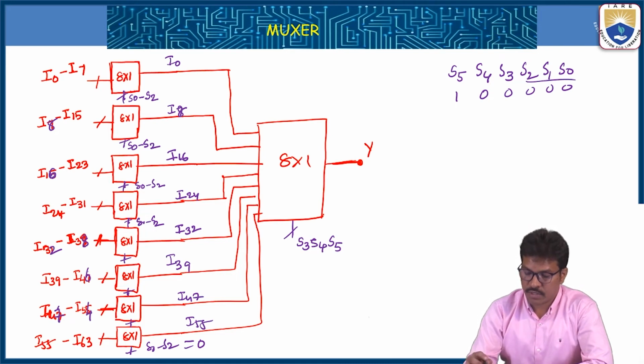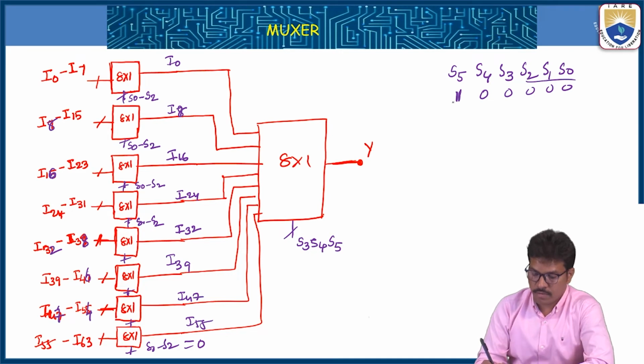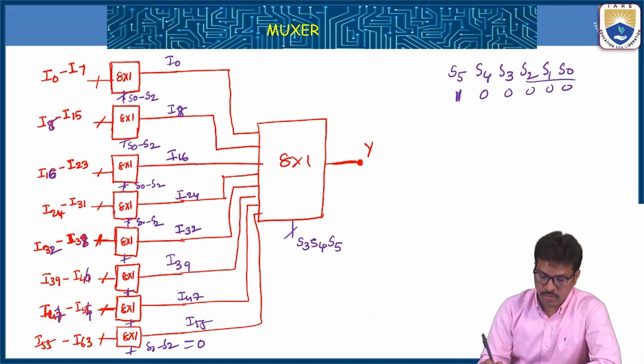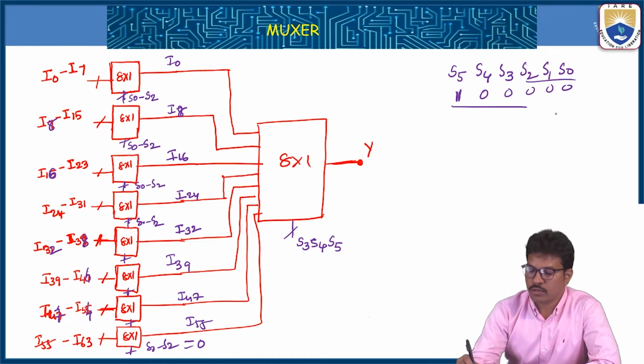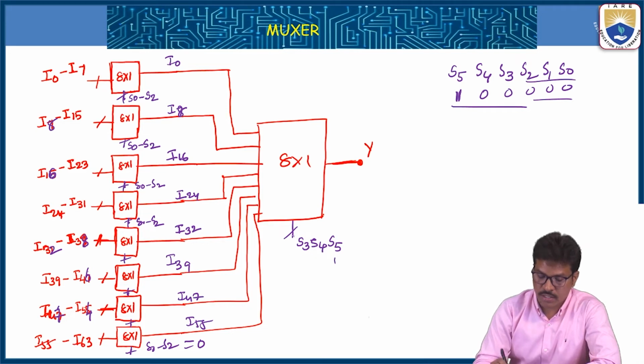Now if you take this one, triple zero. Here in S3, S4, S5, S5 is equal to 1.